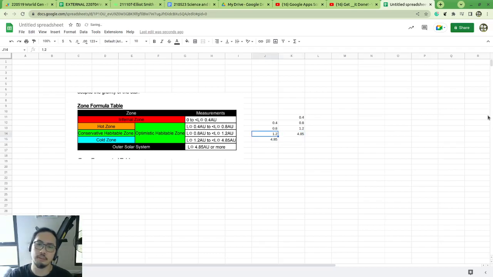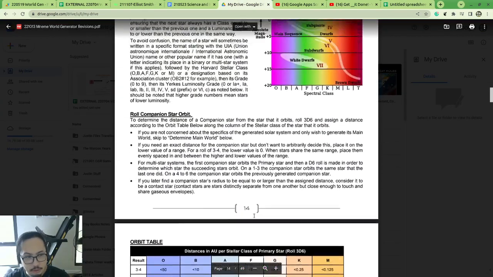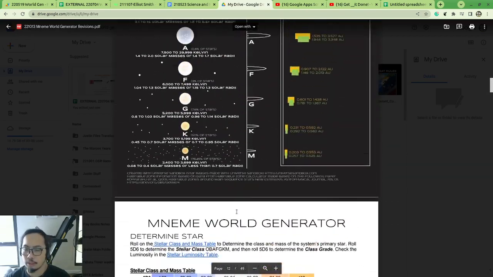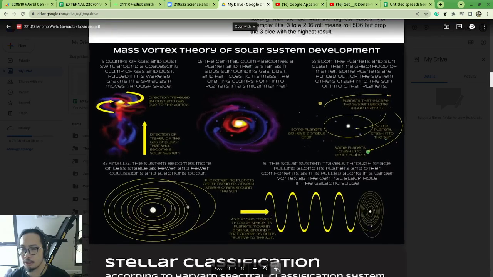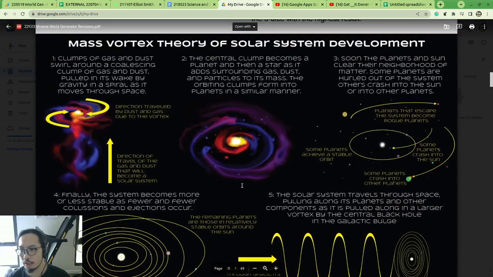So the zones are important because not only is there the gravitational force that attracts, there's also the force of light pushing it away. In the formation, which is covered here, a lot of books don't cover this particular part, the visualization of how it works out.